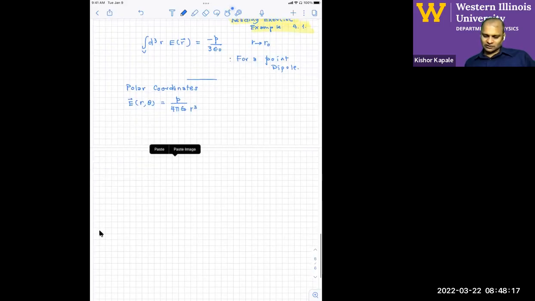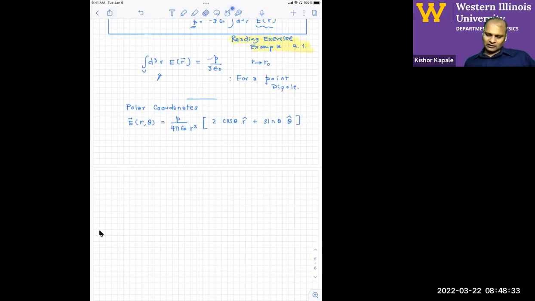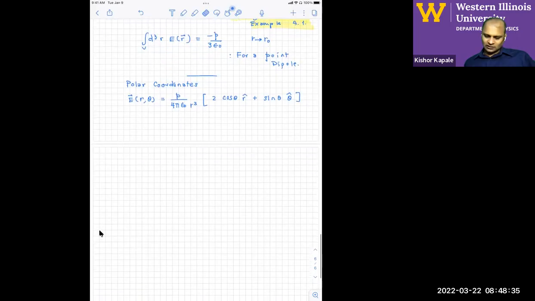So it brings it down to the 2D plane: 2 cosine theta r hat plus sine theta theta hat. We know how this one looks like, right? Now let's take this expression, put it back in here, so that we can integrate over the volume of E of r and theta, d cube r.